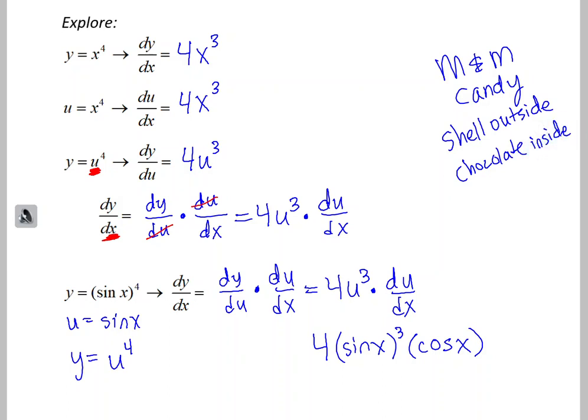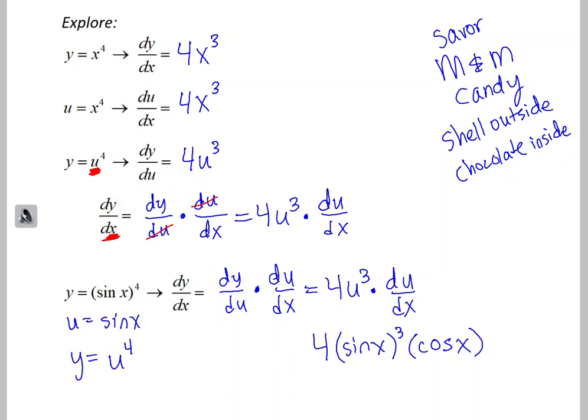Well, M&Ms are pretty yummy, so you really want to savor the M&M candy, not just bite into it and eat it all at once. So I like to think of the chain rule like savoring an M&M candy. First, as you suck on the candy, you eat the outside shell, then you get to the chocolate inside. Taking the derivative is the eating part of it.